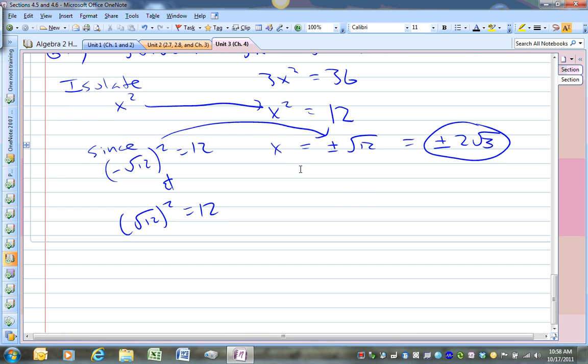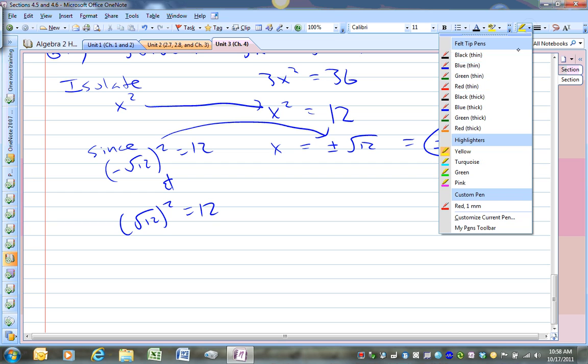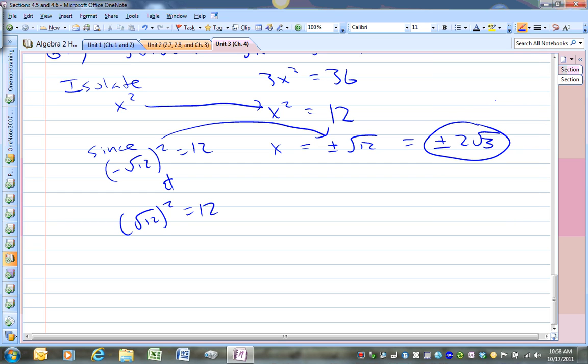I'm now going to start talking about 4.6, but let me add a 7th example here. And here's the 7th example. It's going to be 2x squared minus 5 equals, let me think about this one here.